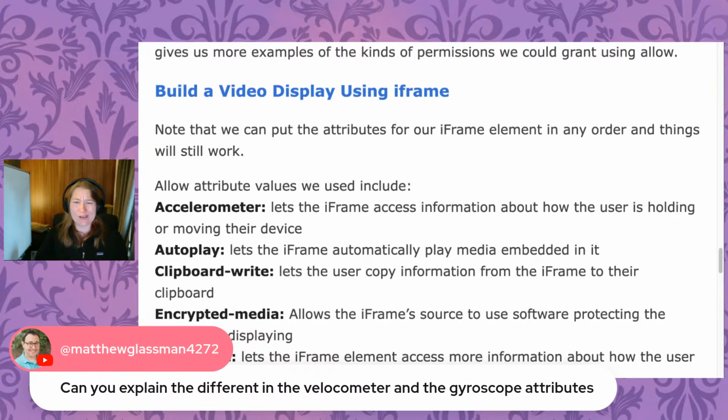That's the gyroscope and accelerometer having permission, being allowed to share that information with the iframe or video, or the website itself directly, to say, hey, if my user tips their phone, listen on the accelerometer, listen on the gyroscope, and if they tip it, go ahead and serve them the adjusted version of that. Yeah, is that helpful? So Edda has helpfully suggested we think of accelerometer as, am I moving? And gyroscope as, am I rotating? Also, apparently the gyroscope is more sensitive, which I didn't know at all.